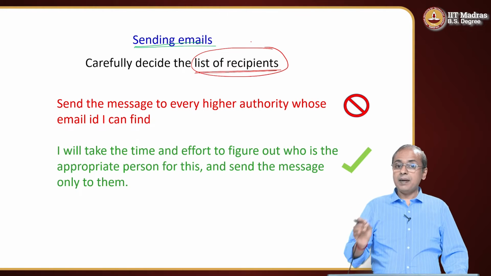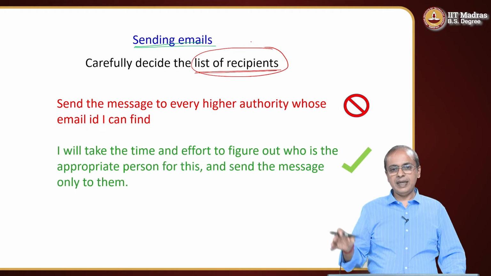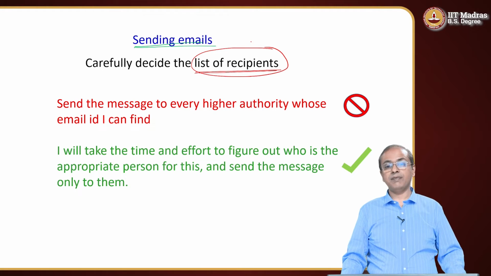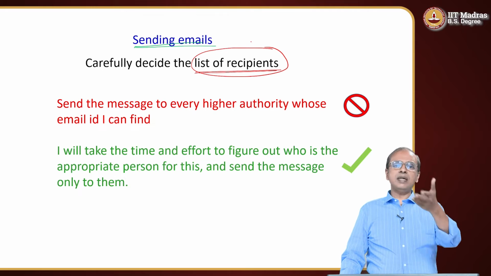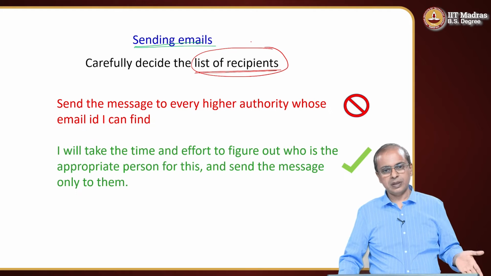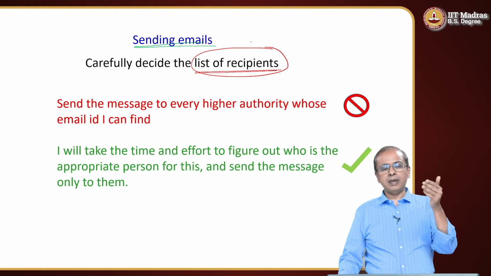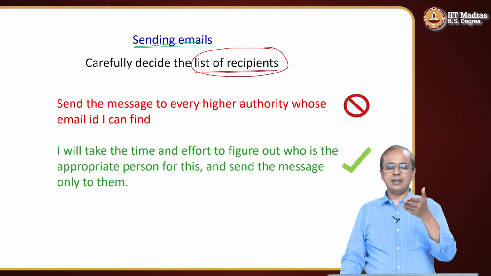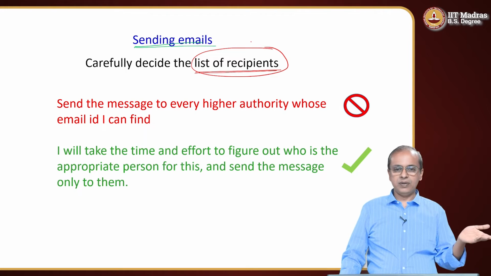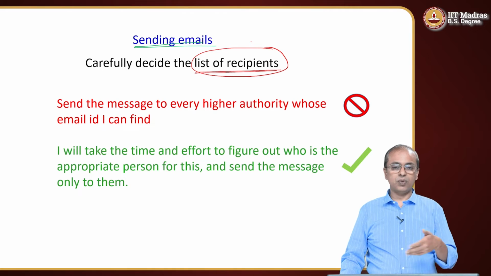Okay. And particularly you should understand that, because of the way communication happens and the way email works, usually within your organization you can see the email address of virtually every employee in that organization. Okay. So, if you are in a university, you can see the email address of the director, the deans, the HODs, all the faculty of the institute, possibly even a student list which will go to all the students.